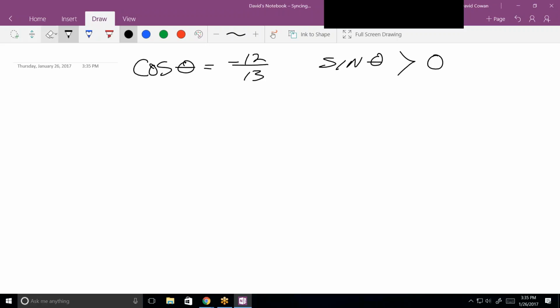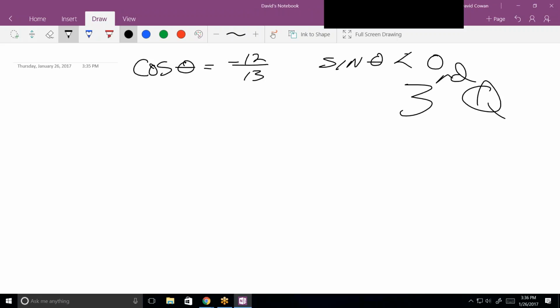The second piece of information they give you, what the sine of theta is, spots the quadrant. There is only one quadrant where cosine is negative and sine is negative. What quadrant's that? That's the third quadrant. Okay, so let's write that. That's the only purpose they're giving you this information, is to tell you it's in the third quadrant.